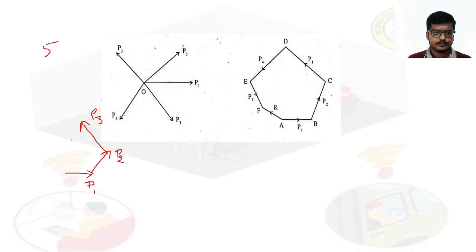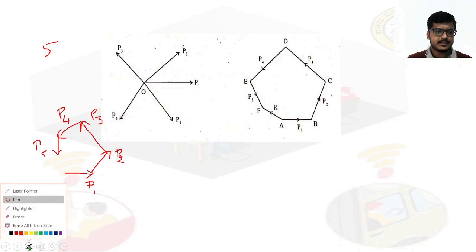Then another force is there, P5. So P5. All the forces I have taken in order, that is head, tail, head, tail, head, tail, head, tail, head. P5's tail is on the head of P4.